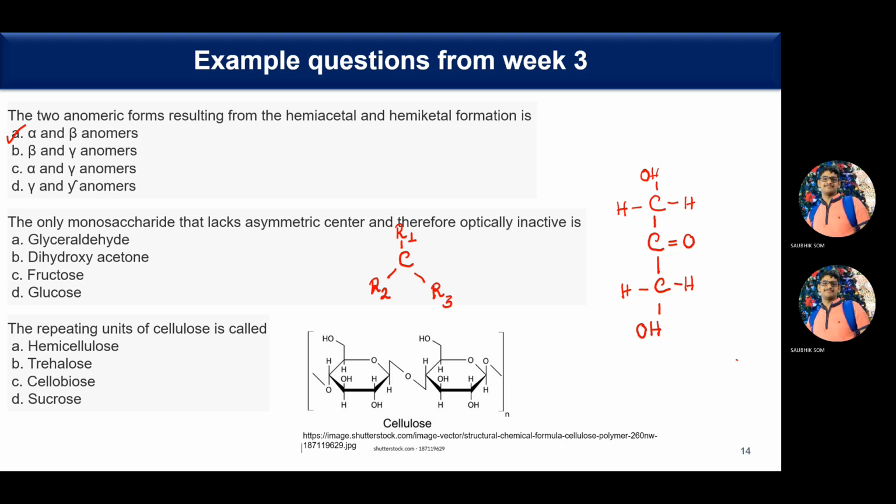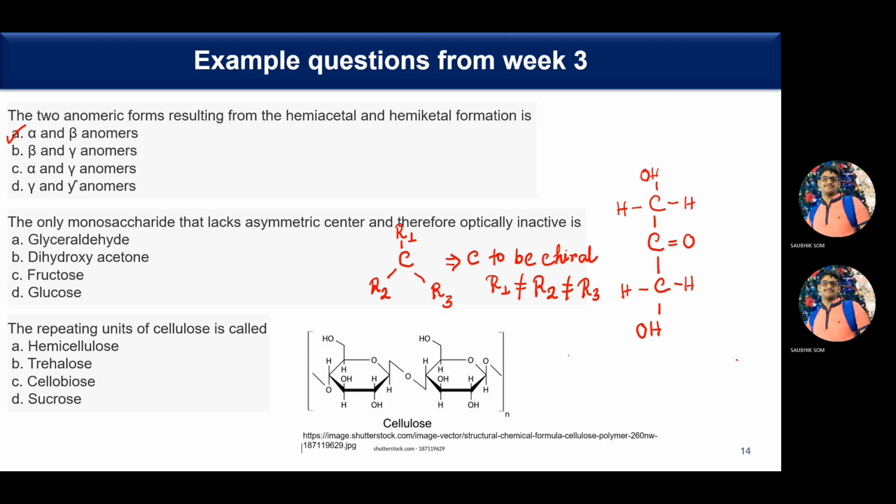For C to be chiral, R1 not equal to R2, not equal to R3.